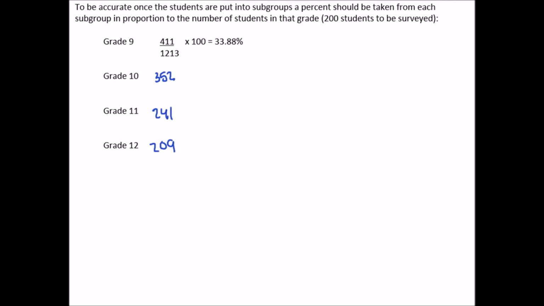Okay, so to be accurate, once the students are put into subgroups, a percent should be taken from each subgroup in proportion to the number of students in that grade. So 200 students in total will be surveyed. Okay, so in grade 9, there are 411 students, and if you actually add up 411 plus 352 plus 241 plus 209, and I'm just going to triple check this, I get 1213.